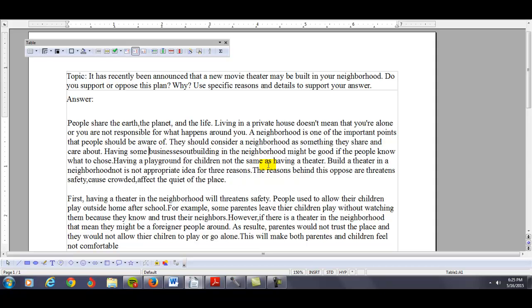Once you say commercial means businesses. So this is not the right word. So this is a vocabulary issue. You probably looked up in your dictionary, you found the word, but it doesn't work with what you're trying to do here. So having some businesses in the neighborhood might be good if the people know what to choose.